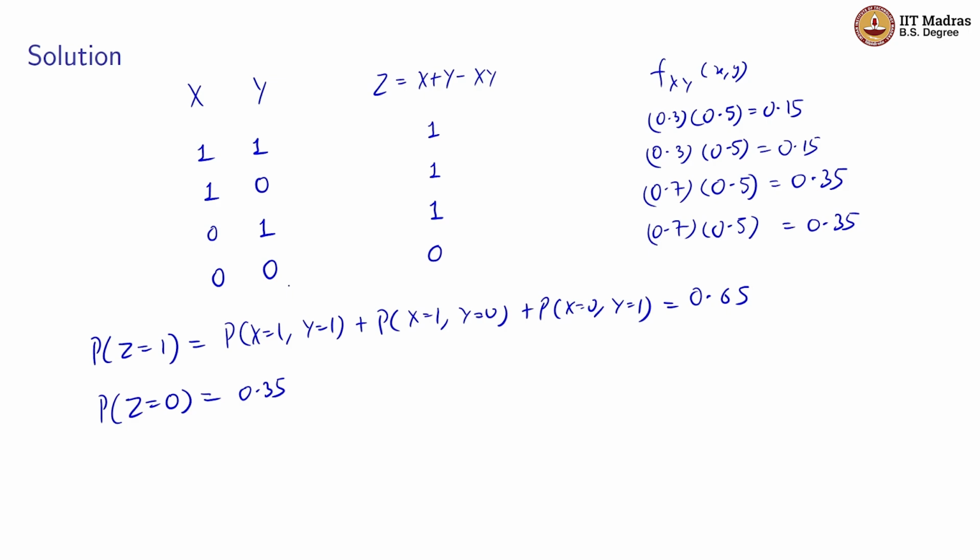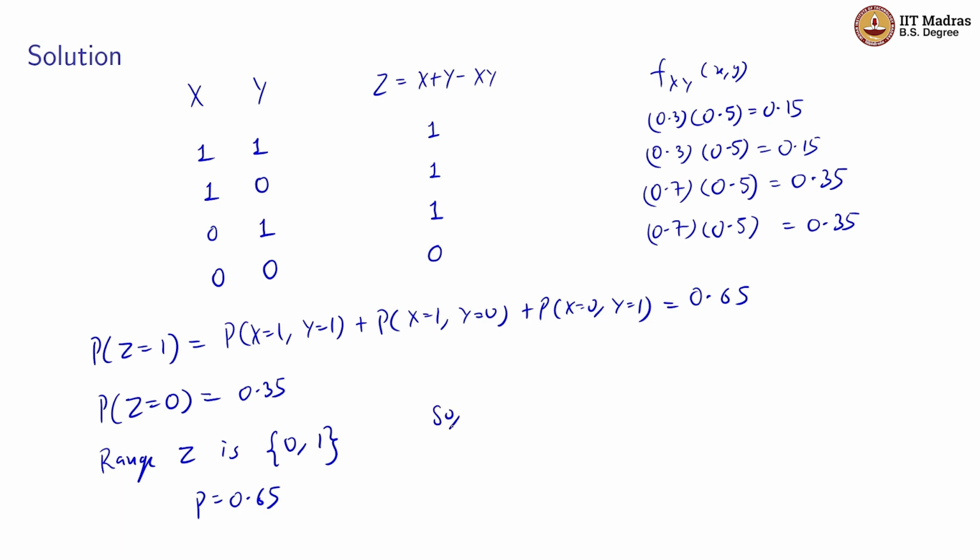So clearly from this we can say the range of Z is 0 and 1, which is the range of a Bernoulli distribution, and here the parameter p is equal to 0.65.